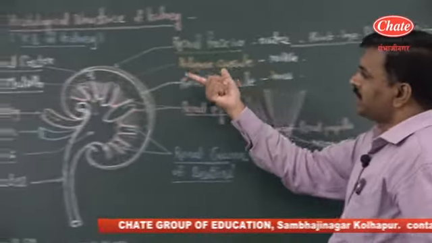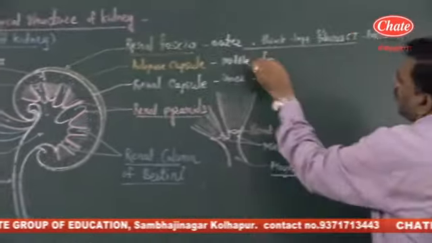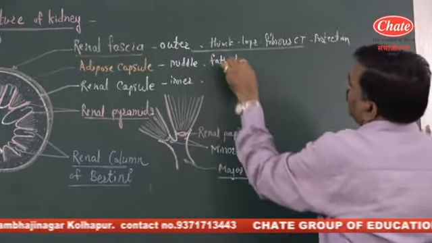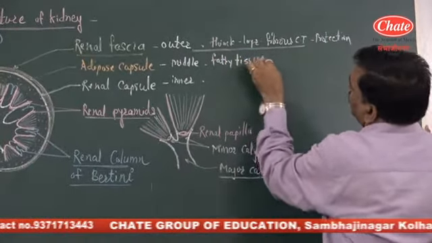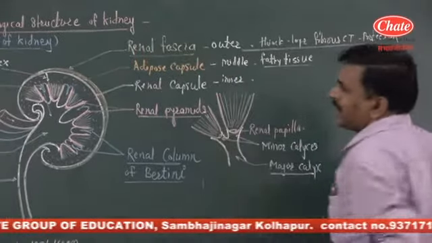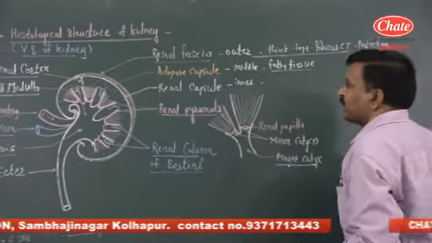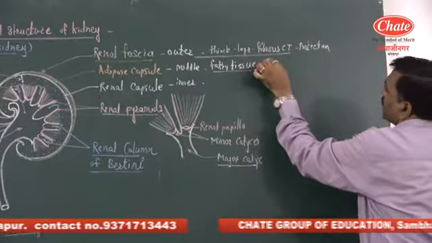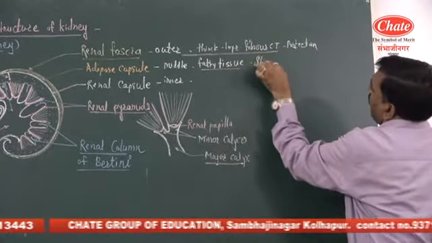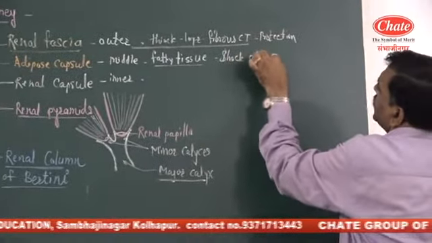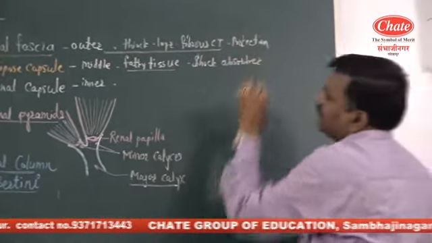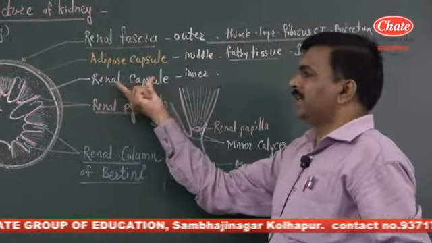Below this renal fascia, there is a fatty tissue layer, termed the adipose capsule, and this adipose capsule acts as a shock absorber. While the third layer is termed the renal capsule.